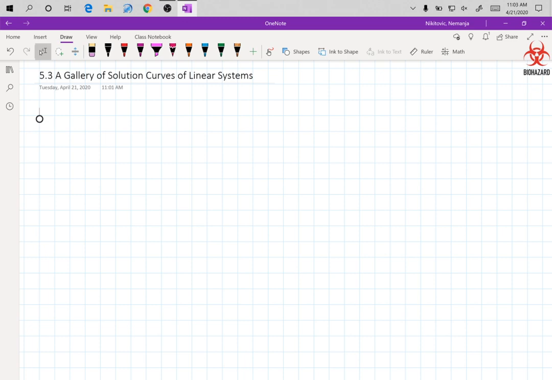Solutions evolved as you learned mathematics. The first solution you ever learned was the solution to an equation, let's say x plus 3 equals 5, and then x equals 2, which is just the number 2 on the number line.